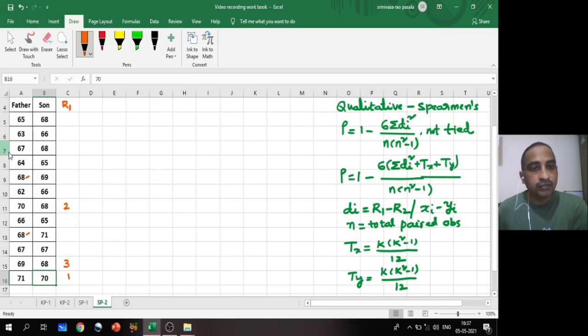So what is the average? 4 and 5: 4 plus 5 by 2, that is 9 by 2, equals 4.5, right? So I have to assign 4.5 to this 68, and at the same time 4.5 to this other 68. Now how many ranks are completed? 1, 2, 3, 4, 5. So 5 ranks are completed, right? You keep this point in your mind.